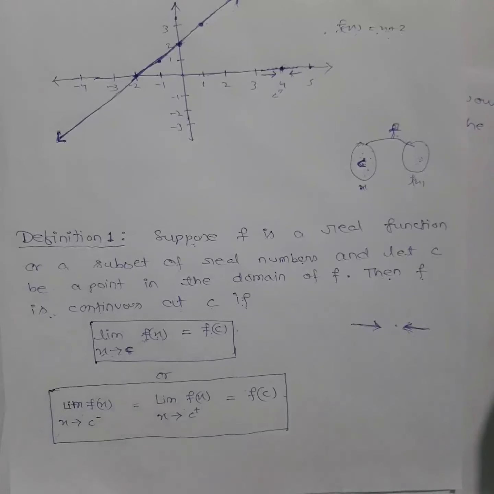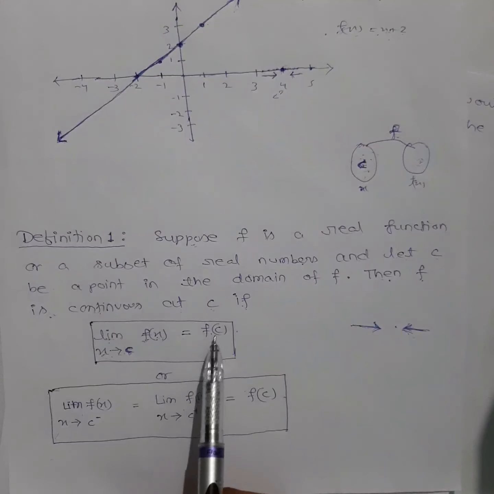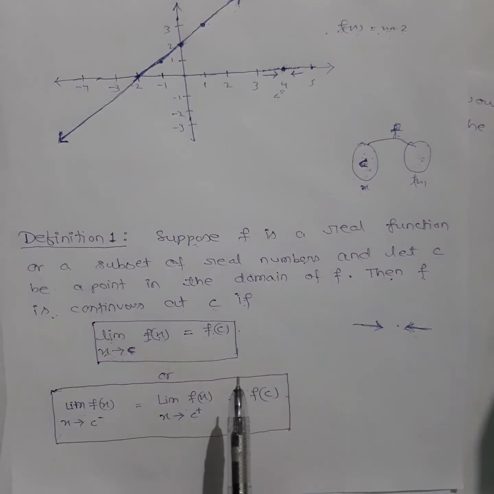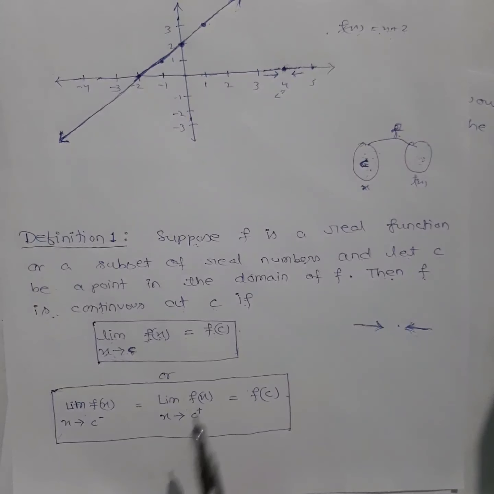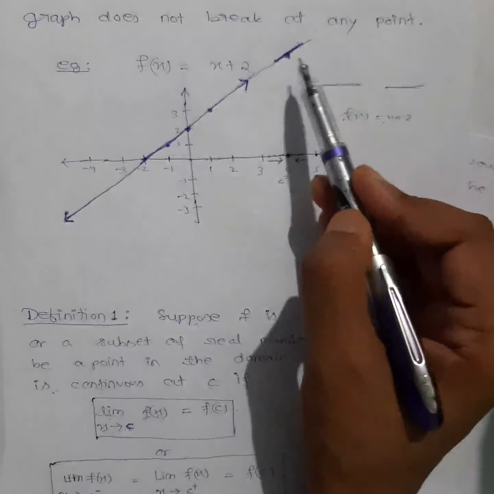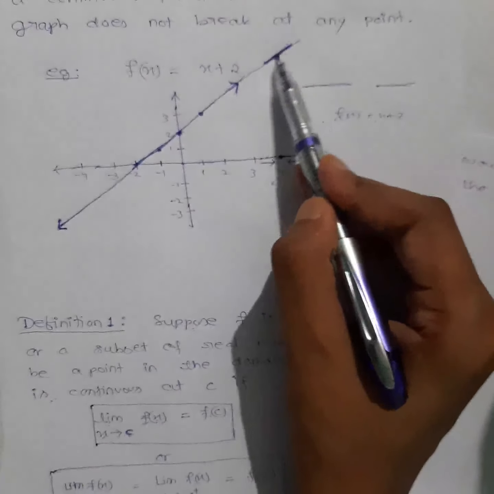So if you memorize this one also, then you can solve the exercise. Just remember limit x tends to c, f(x) equals f(c), and most students used to do that only. And I know that some teachers used to explain in that way only, because they also know that students face problems understanding this. This is a little deep concept, but if your basics of limit are clear, then you will easily understand this.